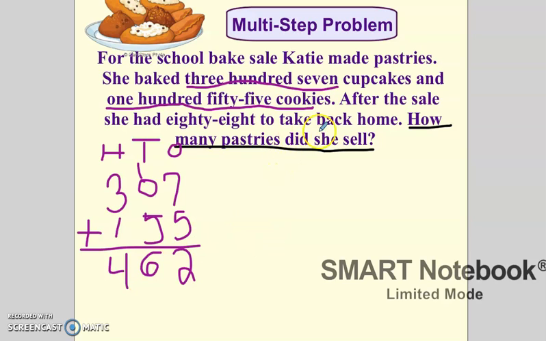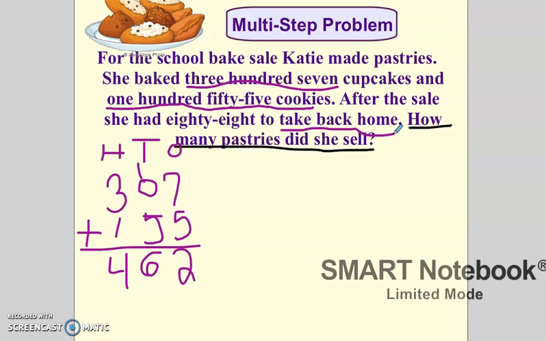What is that word? Take back home. What do you think what we're going to have to do next, my friends? Think about it. If you said subtract, you are right.